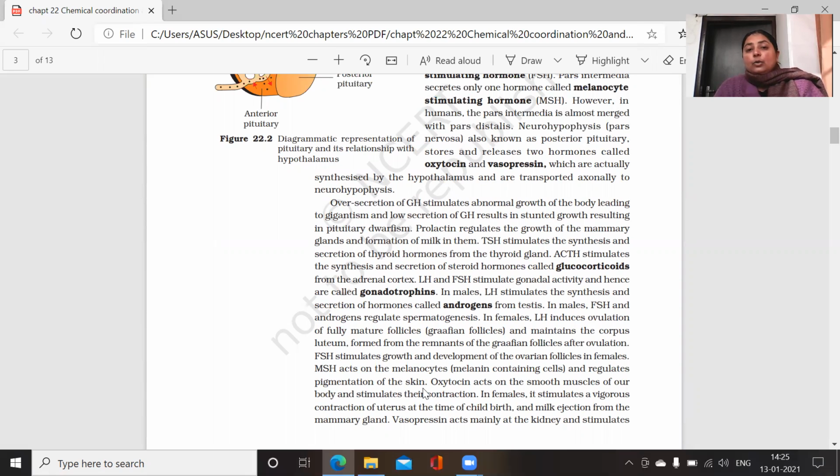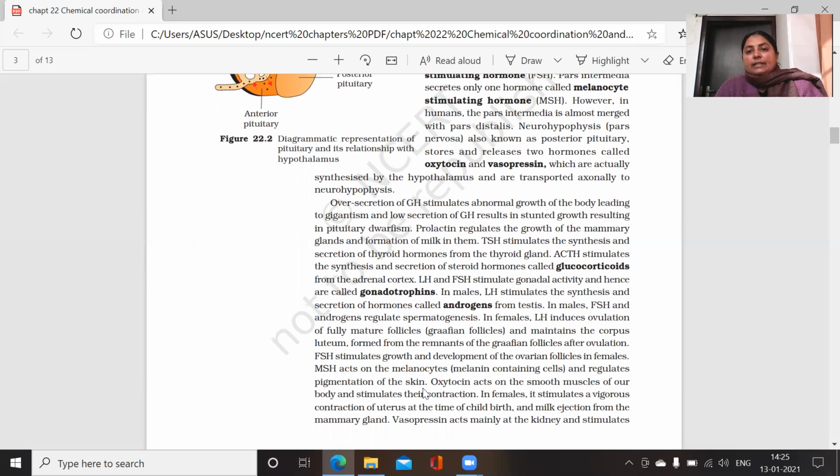And if the growth hormone is produced in lesser amount, or low secretion, then it results in stunted growth of your body, and it is known as pituitary dwarfism. There is one hormone known as prolactin. This prolactin hormone regulates the growth of the mammary glands and the formation of milk in these mammary glands.